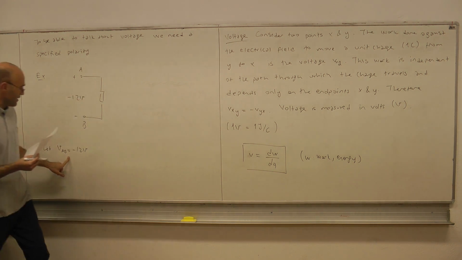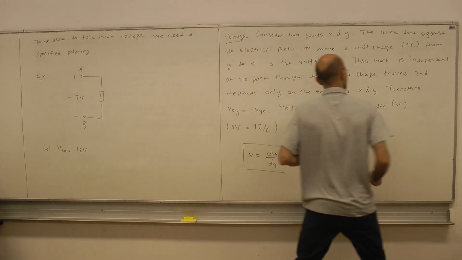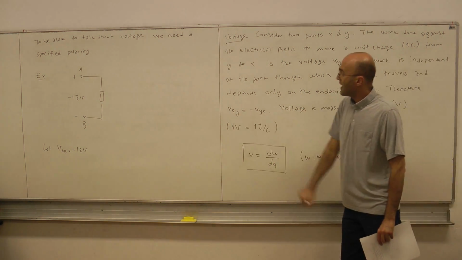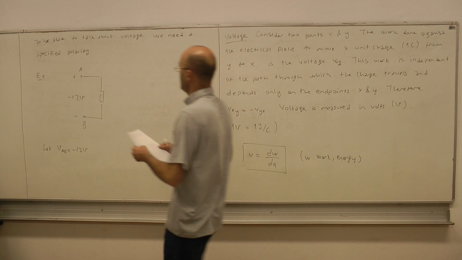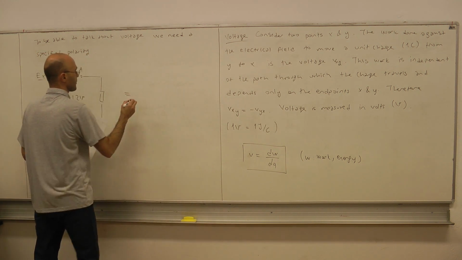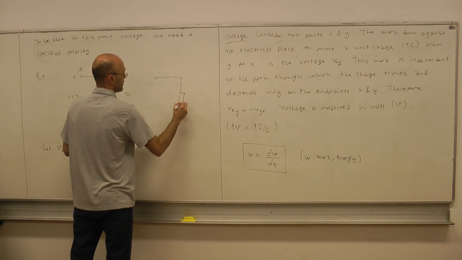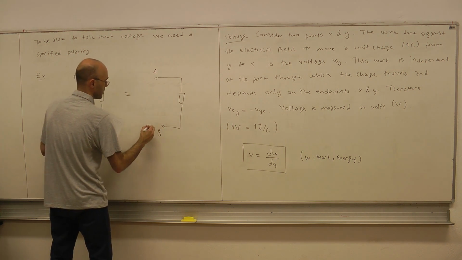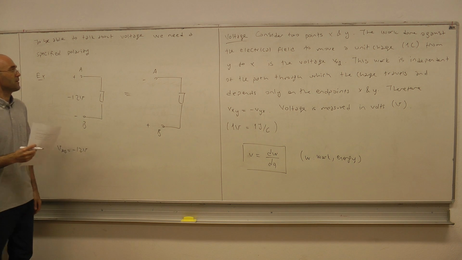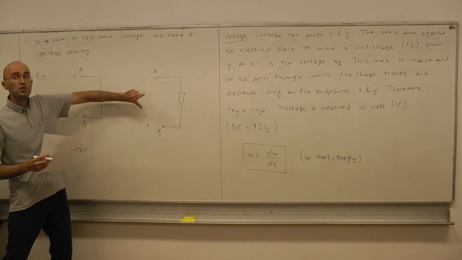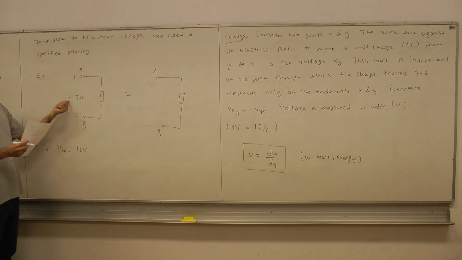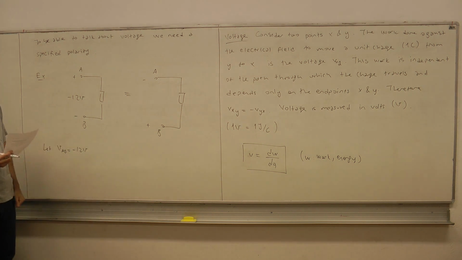Now since VAB equals minus VBA, this is equivalent to the following representation, A, B. Now you can put plus here and minus there, and if you swap or switch the polarity, you also have to negate the voltage.